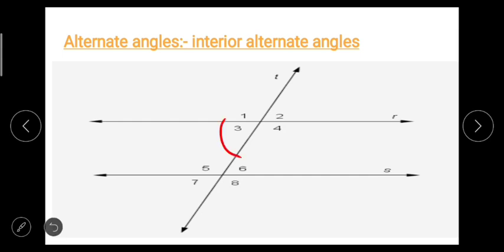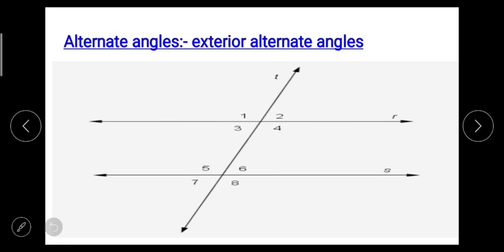So 3 and 6 is the first pair, 4 and 5 is the second pair. If the measure of angle 3 is 30 degrees, then what is the measure of angle 6? It is also 30 degrees. Why? Because interior alternate angles are congruent.